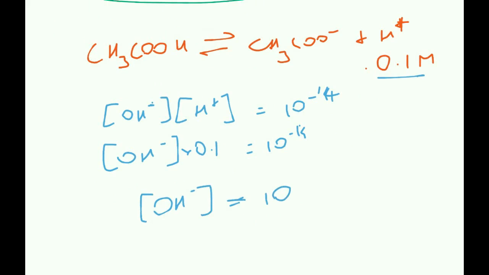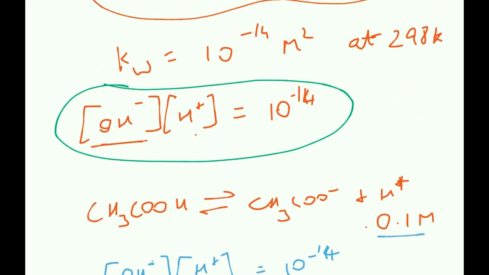That's 10 to the power minus 13, isn't it? And you can see this is an infinitely small value. So the basic character is very minute, but it's there. This relation is an extremely important relation which you can use to find either the concentration of H plus or the concentration of OH minus if they ask you.